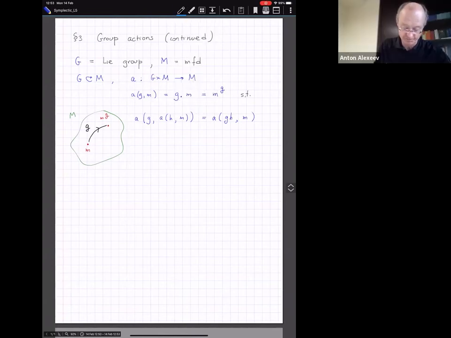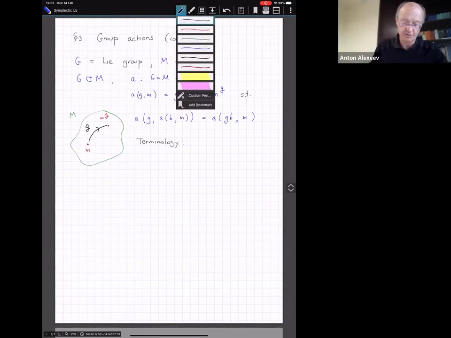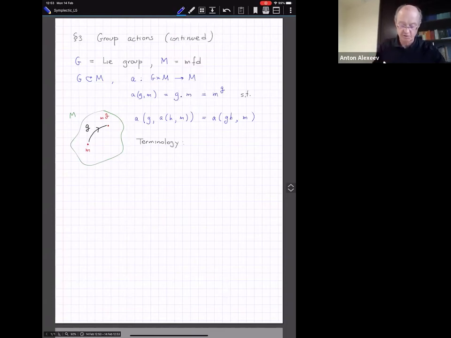Of course, we're going to see many examples of it, but now let me just introduce a little bit of terminology, a little bit of language that we are using to describe this situation.